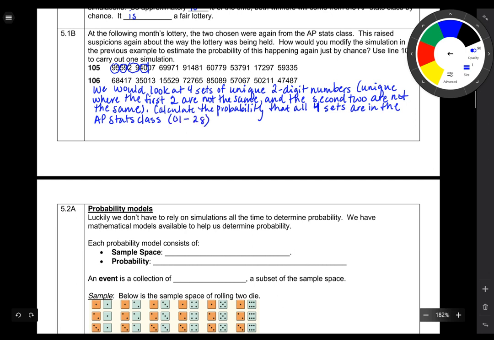So here are the numbers that we got. We got 95, 59, 29, and 40. So this is no, no, no, no. And that's how we would modify it, but it doesn't really come up with analyzing it as far as the conclusion goes and telling if it's a fair lottery or not.